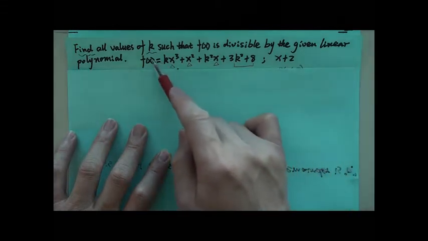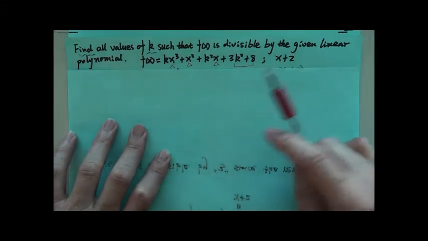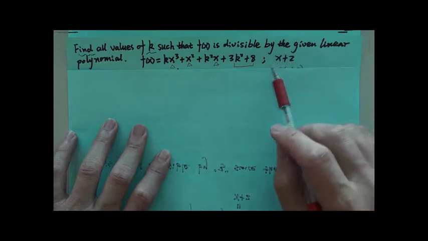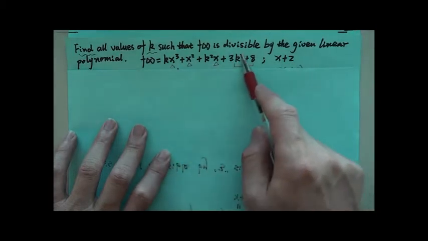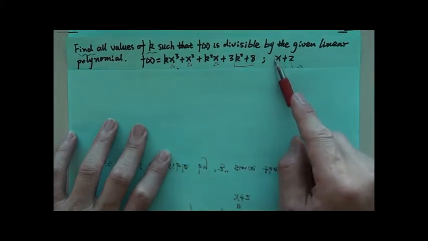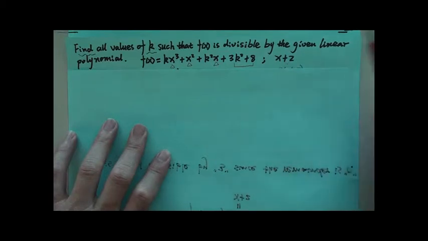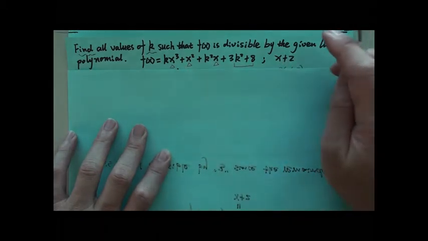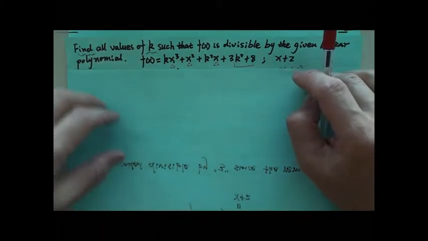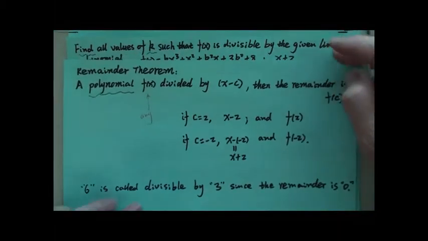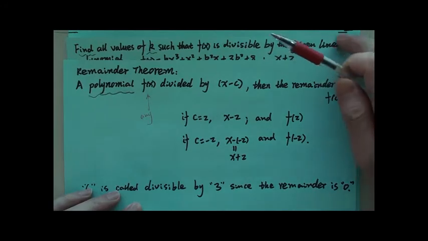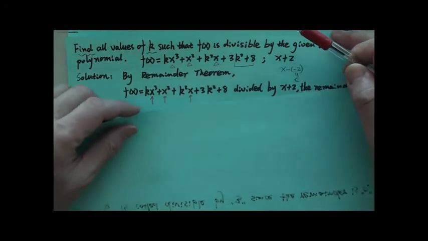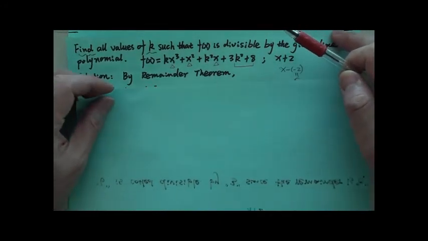This polynomial contains k, and it is divisible by x plus 2. So we know that when this polynomial is divided by x plus 2, the remainder will be f of negative 2. So let's find out the remainder.